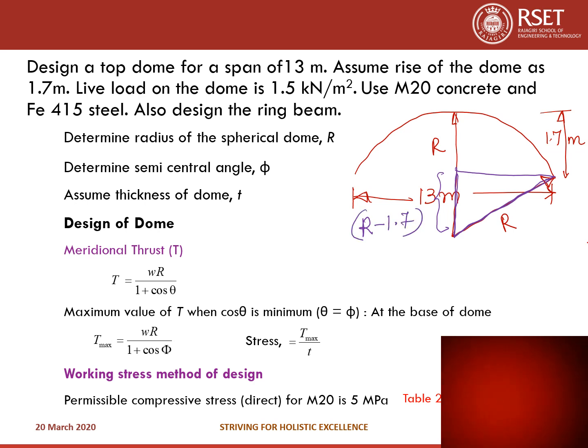Now by using the Pythagoras theorem, we can find out r square is equal to (r minus 1.7) whole square plus (13 by 2) whole square. This distance is 13 by 2. So by solving, we will get the r as 13.27 meters.